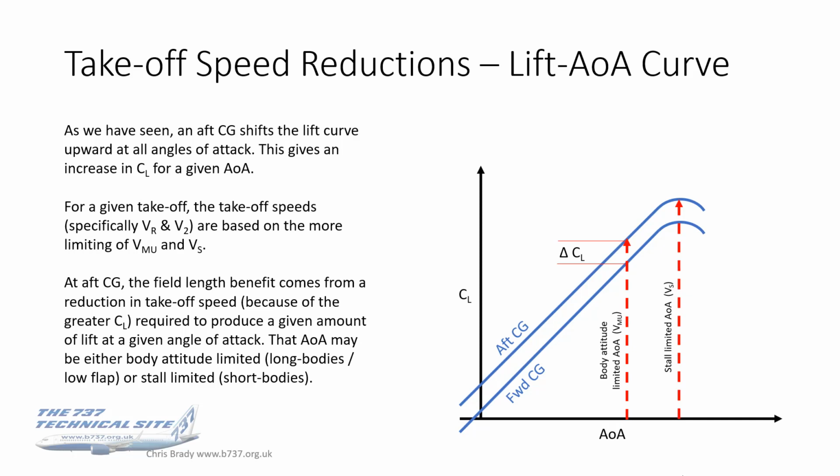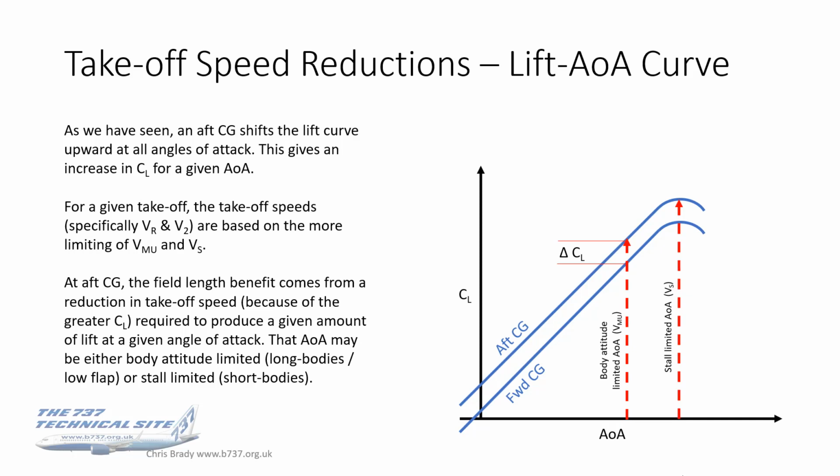Now, as we've seen, the aft CG shifts the lift curve upwards at all angles of attack. That gives an increase in CL for a given alpha. For a given takeoff, the takeoff speeds, again specifically VR and V2, are based on the more limiting of VMU and VS, the unstick and the stall speed.